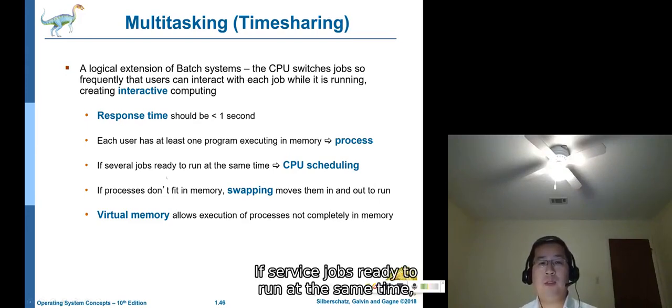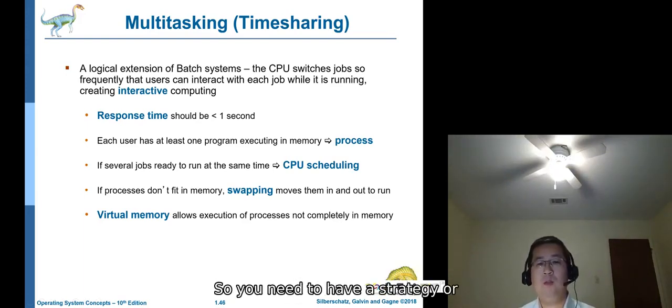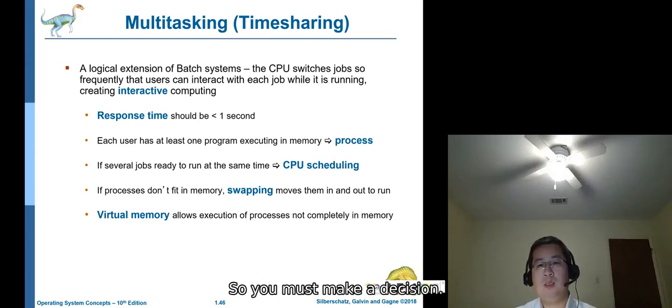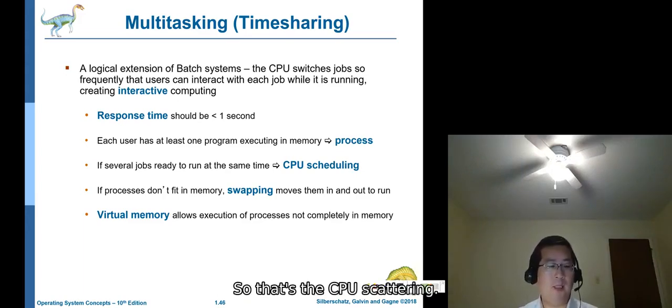If several jobs are ready to run at the same time, if multiple jobs are waiting there, you need to have a strategy or algorithm to select a job to be run on the CPU. So you must make a decision. How to make a decision? So you have chapter 5, right? That's the CPU scheduling.